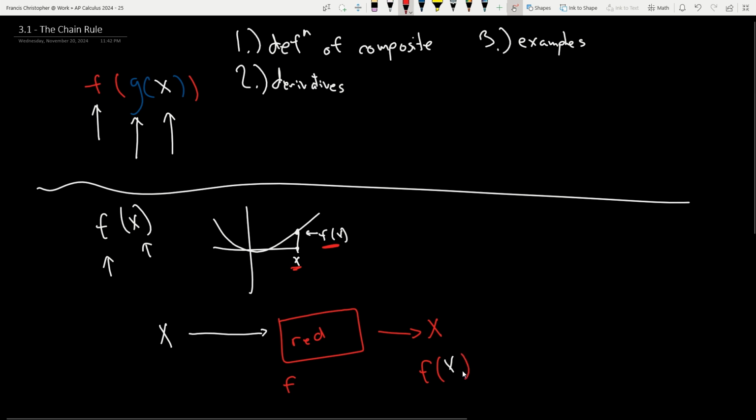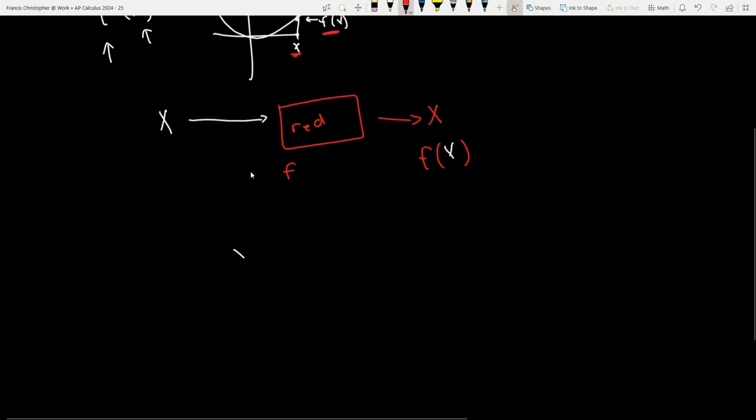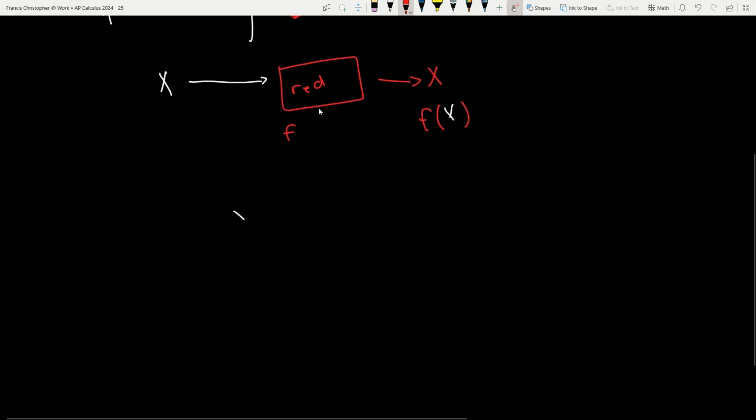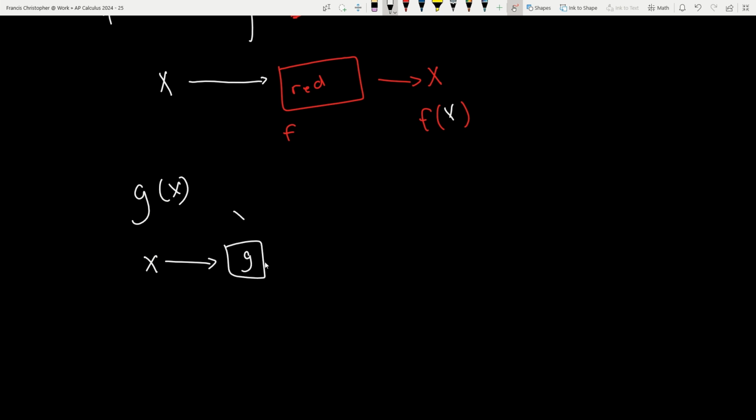And using this notion of putting inputs and getting outputs through a function, let's suppose we have g of x. What does this mean? I have an x, and I put it through some function g, and then I get g of x. And what composite functions are trying to show you is that these outputs can be an input for yet another function, let's say f.